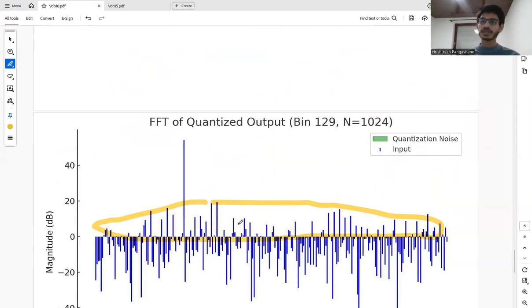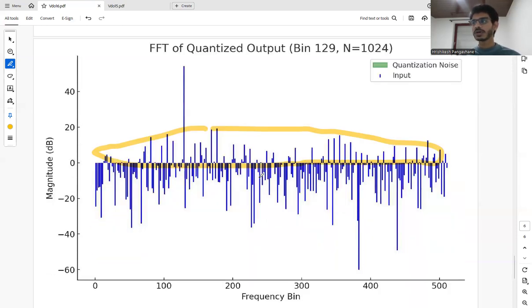Even though we have made the approximation that it is white noise, broadbanded and evenly spread, practically we can see that it is just an approximation, and the noise is not white noise. But in the end, the ADC is something we need to get working, so that's the task of engineers. So this is what the FFT of the quantized output will look like.